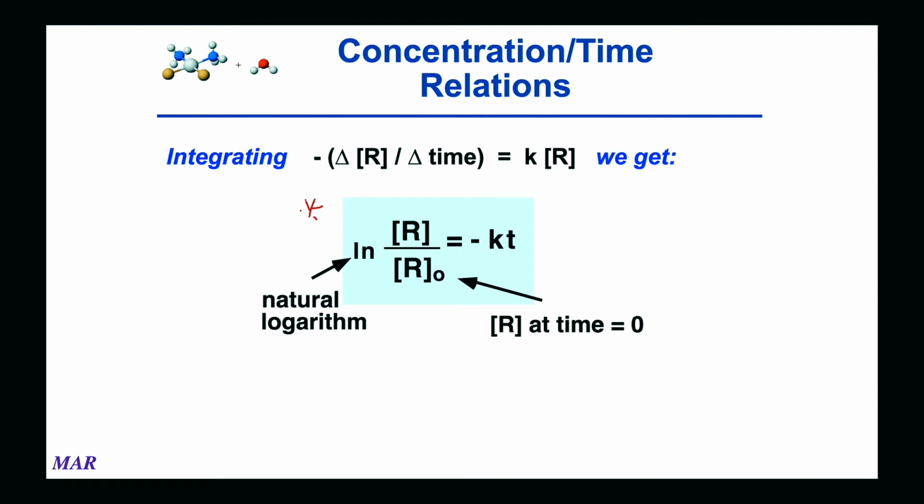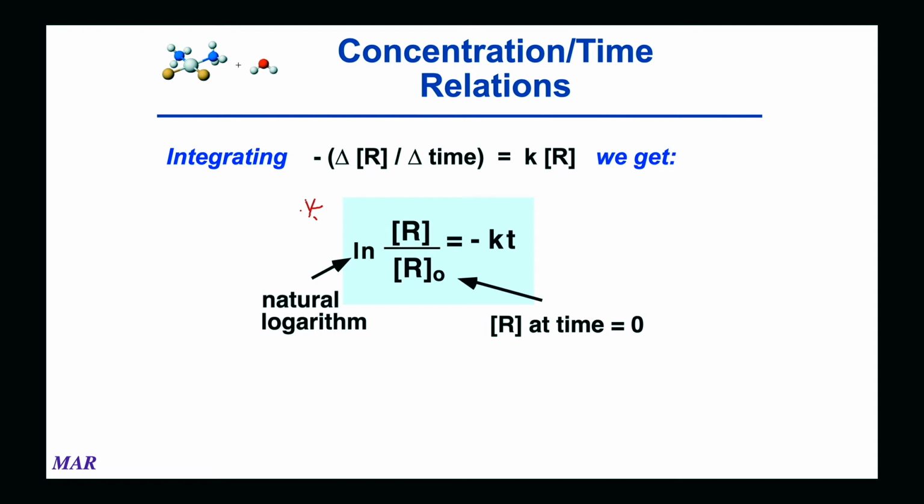Now, a couple of things. ln is the natural log. It's not the base 10 log, log. So if you're going to do these problems, make sure you use the ln button and not log. The second thing, R0 there means initial amount of R. So that's like how much R you start with.